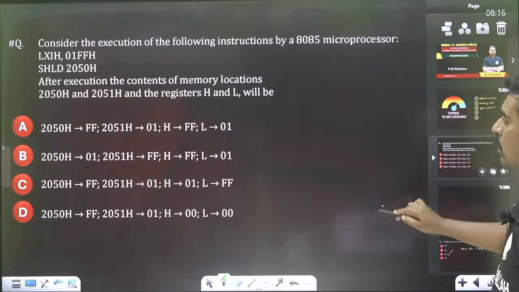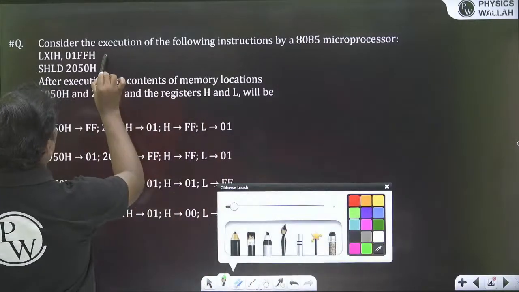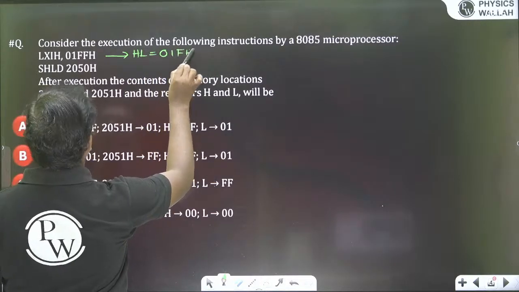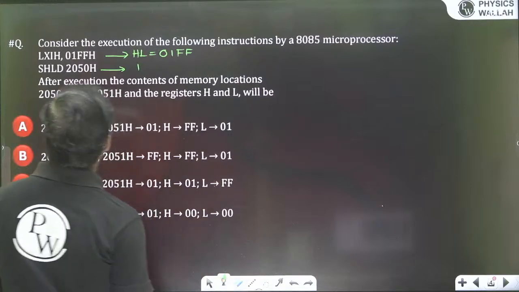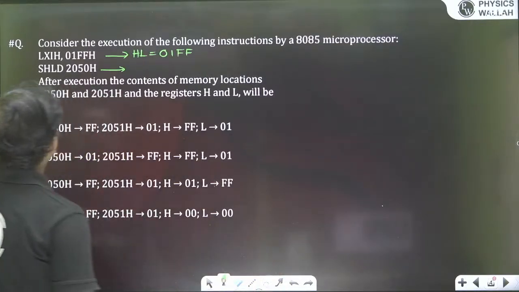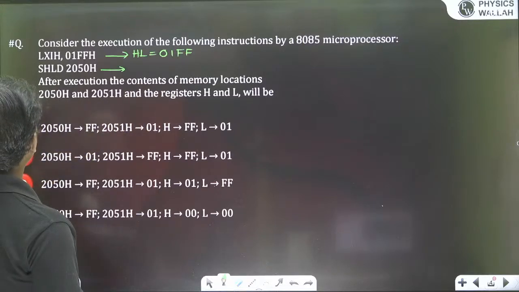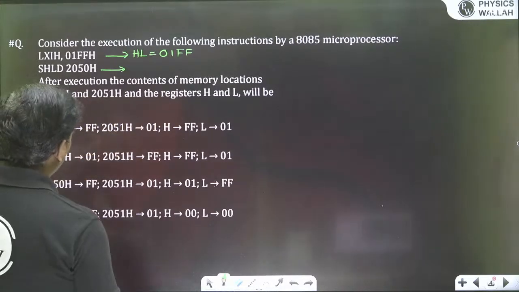Let us see this question. Consider the execution of the following instructions. LXI H is given, so I can take HL. HL is equal to 01FF. Next, SHLD 2050H. That means store the contents of HL at 2050 and 2051. After the execution, the contents of the memory locations 2050H and 2051H and the registers H and L will be dash.